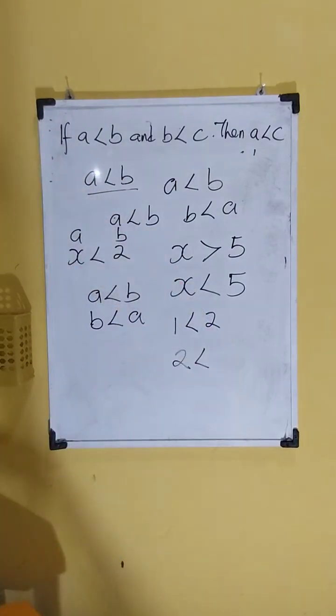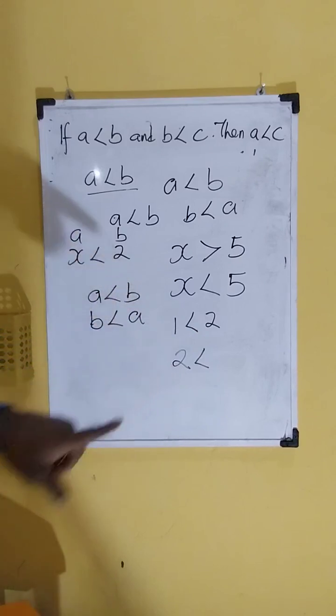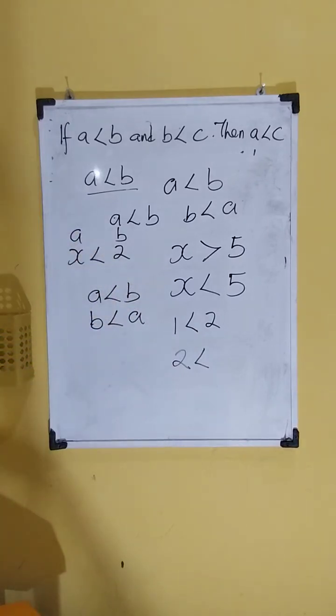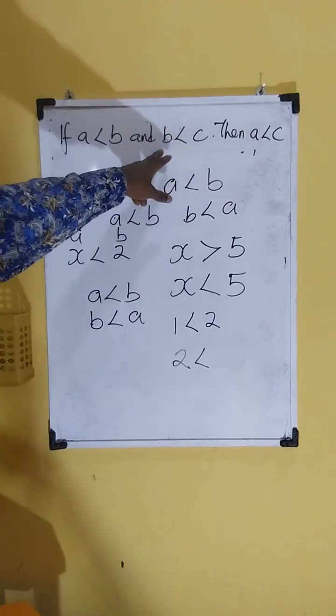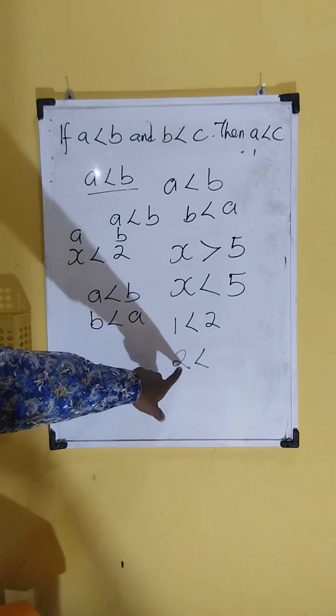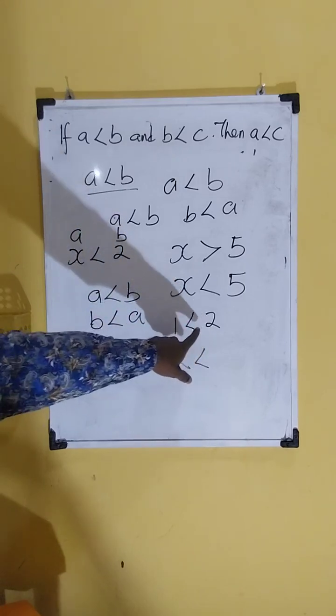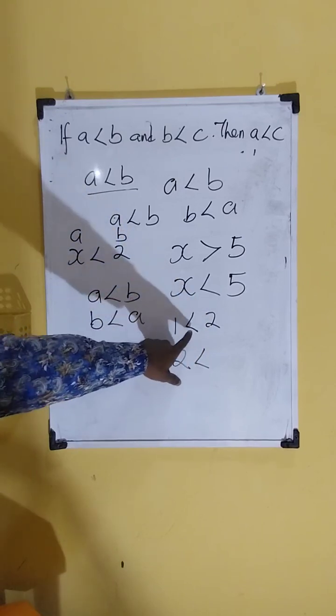Then we come here. What number is less than 2 now? Memunat, what number is less than 2? 1. C is less than B. 1 and 0 are less than 2, and even minus 1 is less than 2.